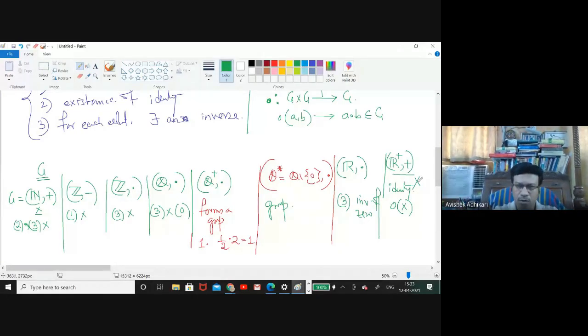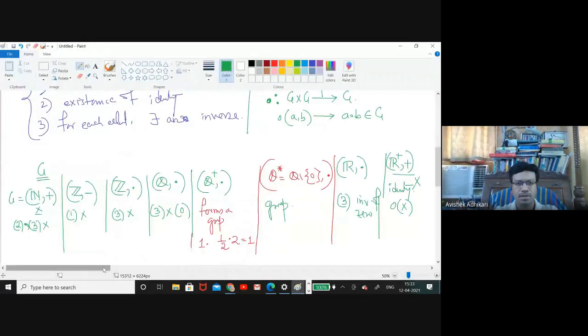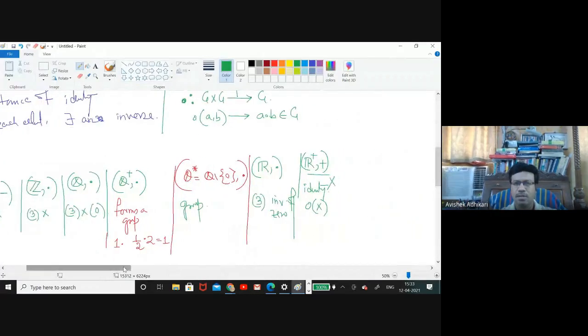Now if I try to extend this list, maybe we can have complex numbers with respect to addition, and non-zero complex numbers with respect to multiplication. I have taken these two. Will they form two groups? What is your opinion?